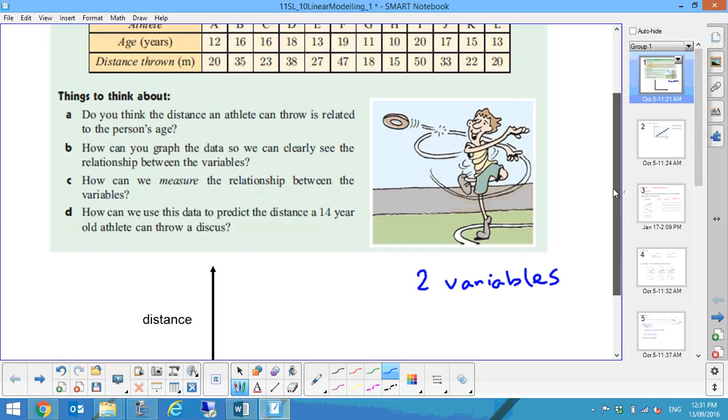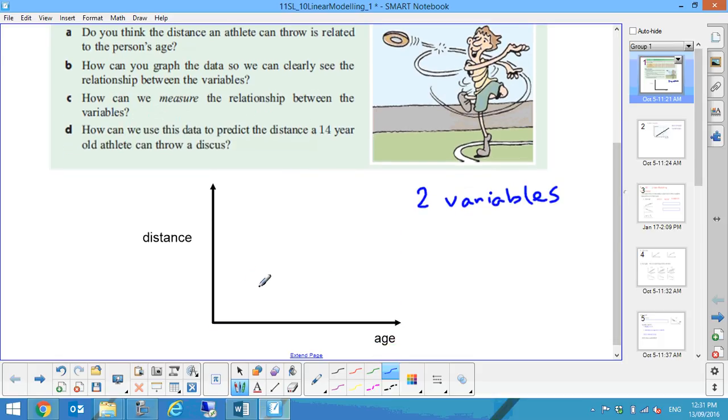And if we plot it, we might find our data looks something like this. So we'd have different values. And we generally find that as you get older, the distance that you can throw increases. So the question we might want to think about is it just a linear relationship, straight line, or maybe at a particular age you can throw the furthest and then after that you can't throw as far, so it might start going down.